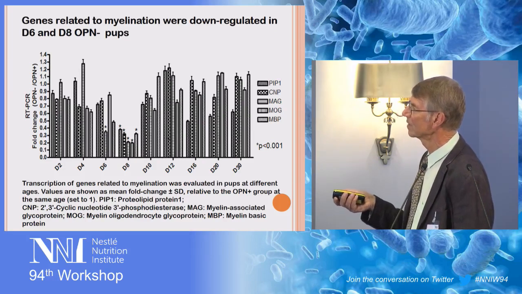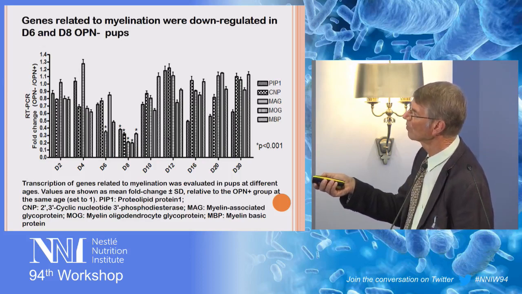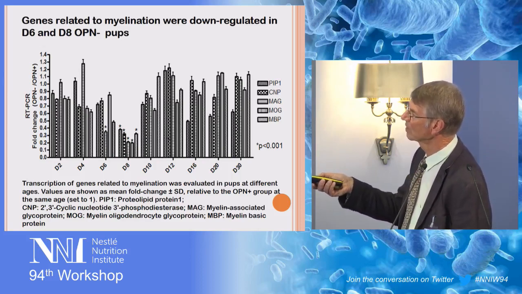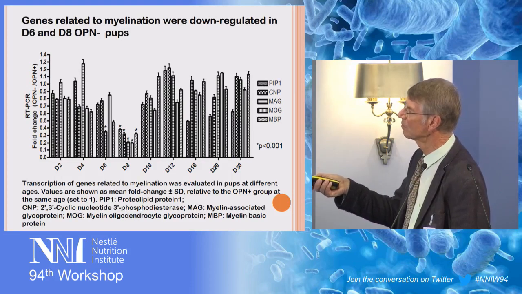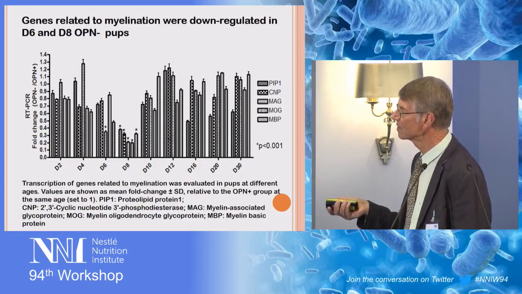And you can see that these are normalized, so 1.0 here represents if you have normal in both the osteopontin plus and osteopontin minus mice.